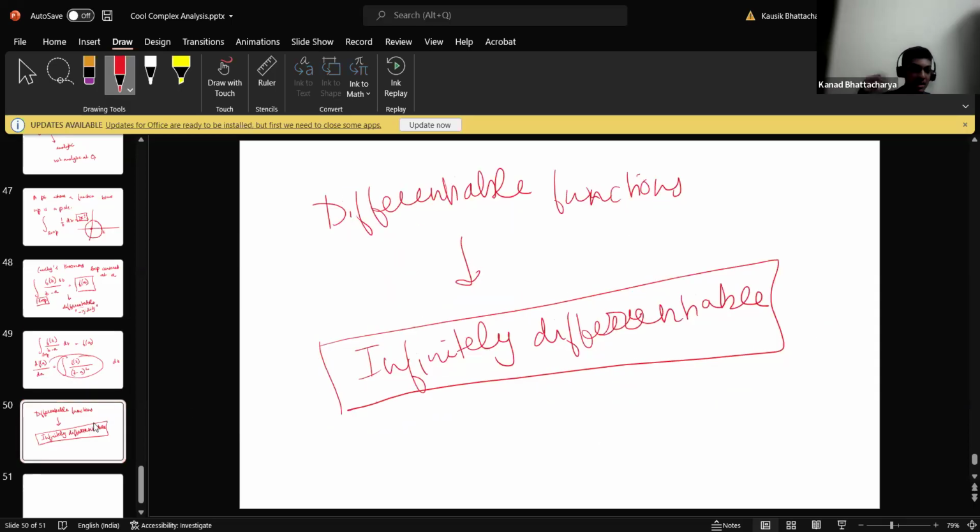And because of that, borrowing the idea from induction, if a function is differentiable once, we can differentiate it twice, thrice, infinitely many times. In other words, if a complex variable function is differentiable once, it's infinitely differentiable, which is a really cool property of it.